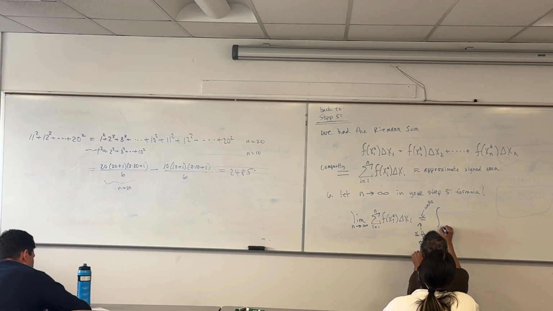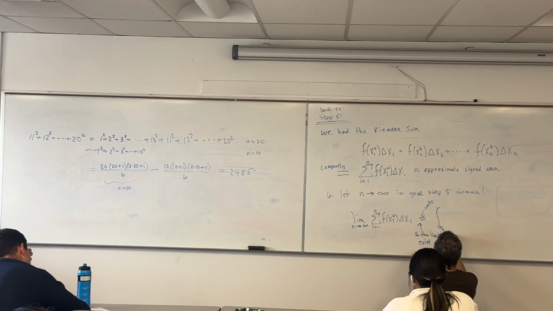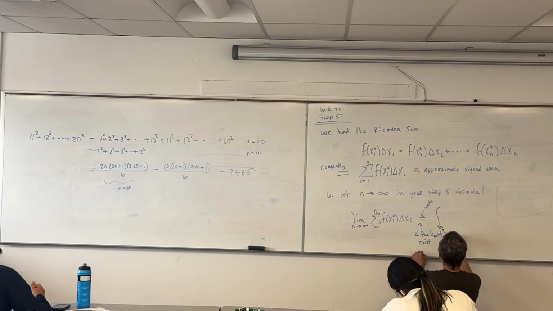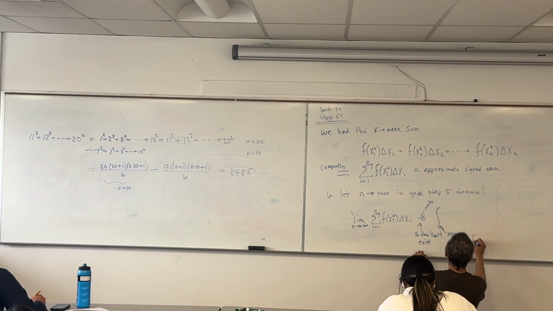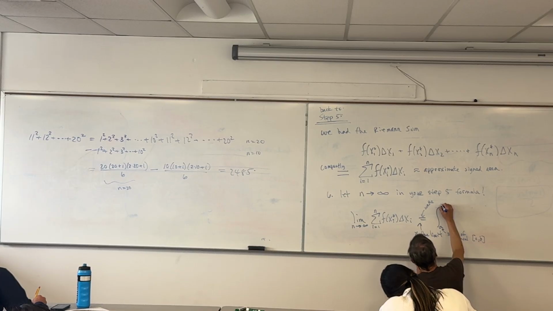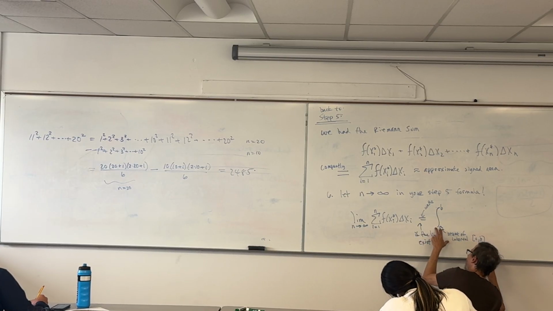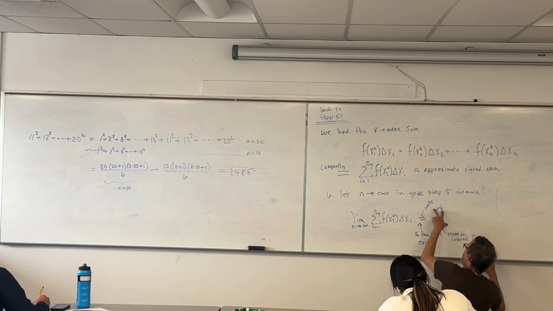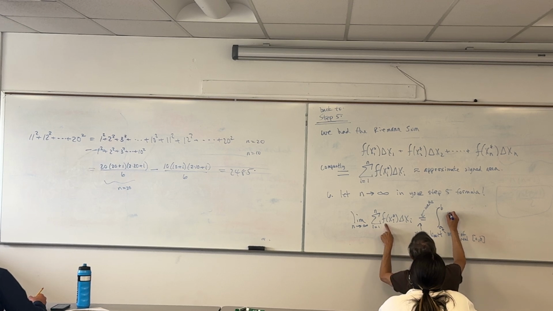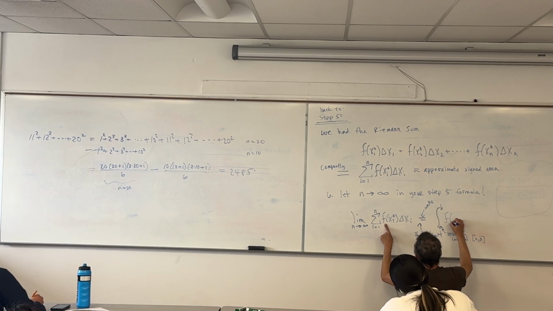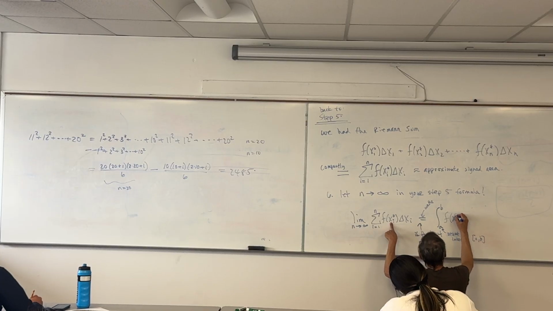At the lower end is the left endpoint of the interval, the start of my interval. Remember, my interval was a to b. And at the top, I write a b. So this little a is right next to the bottom of the S, and the b is right across from the top of the S. This function f I write again, but these just become x's.